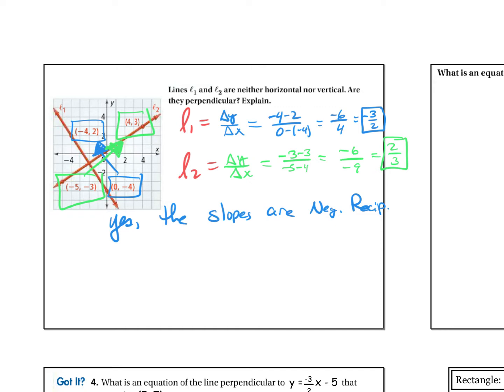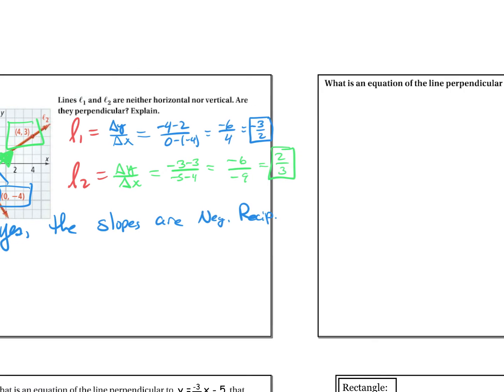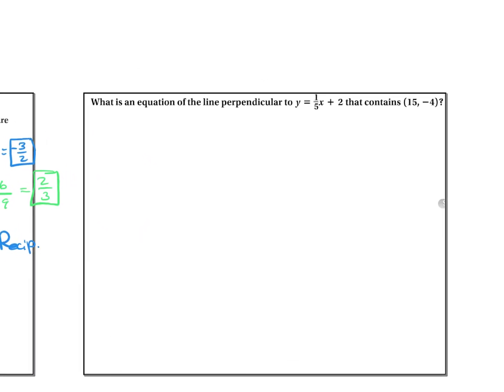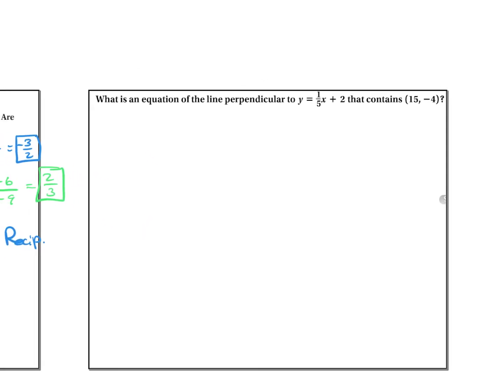Now moving on to the classic ACT type question. What is an equation of a line perpendicular to this line that contains this point? So what information must we extract from this equation? Just the slope. Do I need the y-intercept?